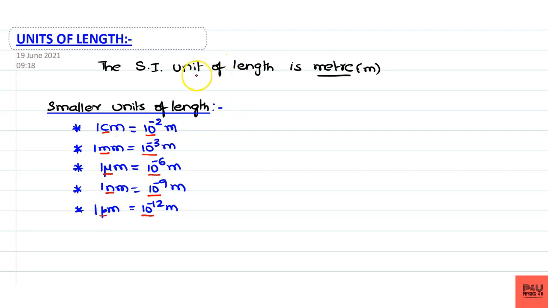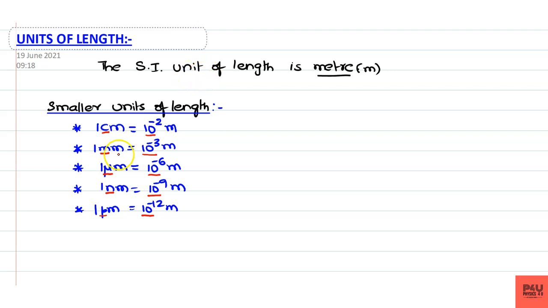We have another unit for measuring small lengths, like expressing the wavelength of light, the separation between two molecules or atoms, and finding the radius of the orbit of an electron. So these are very small distances.